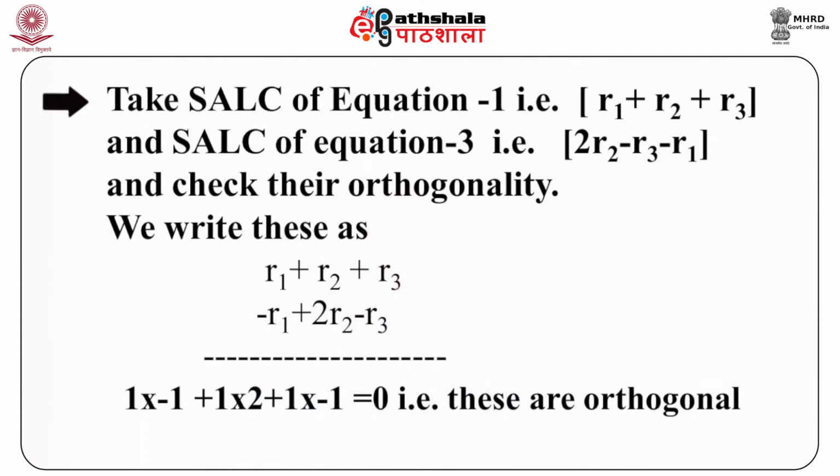Take the SALC of equation 1, that is R1 plus R2 plus R3, and the SALC of equation 3, that is 2R2 minus R3 minus R1, and let us check their orthogonality as shown here: R1 plus R2 plus R3, and below I am writing minus R1 plus 2R2 minus R3, and if you add these together we get 0. It means these SALCs given by equation 1 and equation 3 are orthogonal to each other.